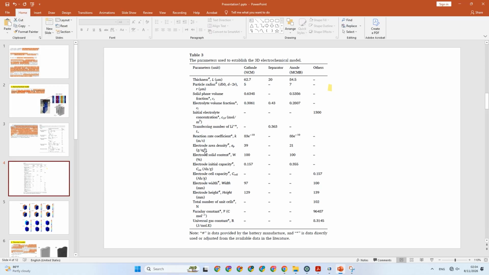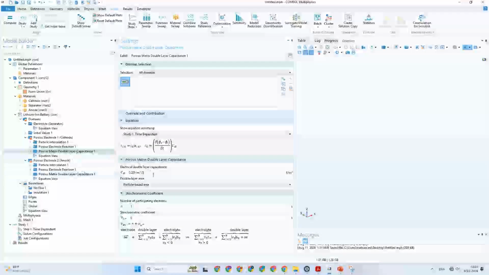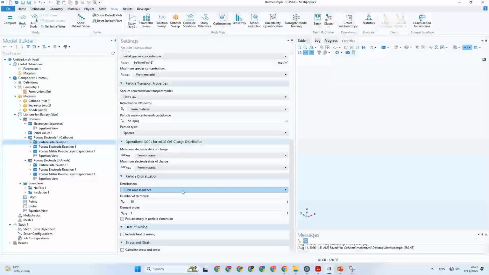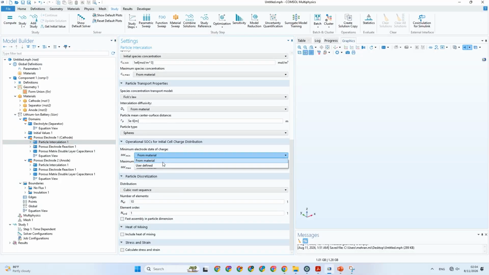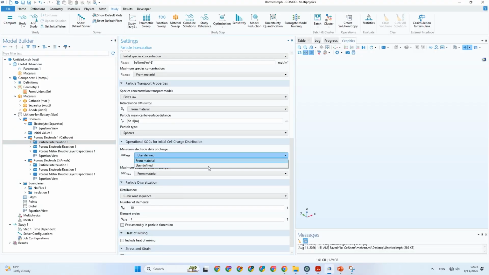Oh, I don't know where it is. Let me find it. If we choose user defined, the unit is 1. Look at this.